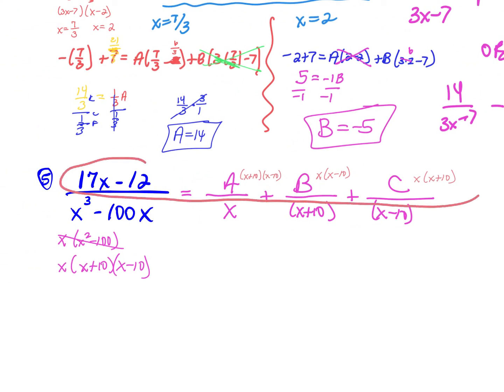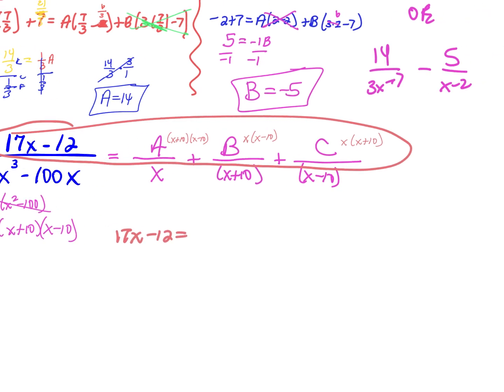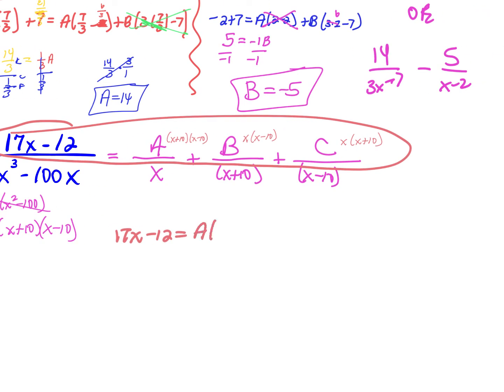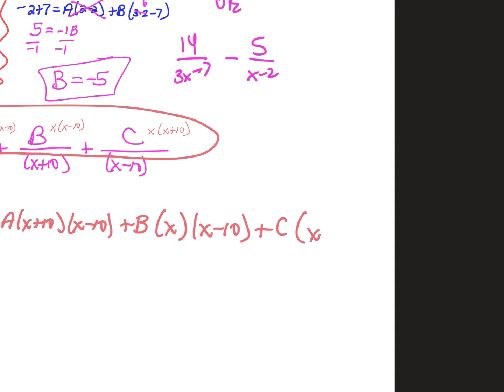So now we just take this big old thing. We set it equal to each other, right? So we have 17x minus 12 equals A times x plus 10, x minus 10, plus B times x and x minus 10, plus C times x and x plus 10.